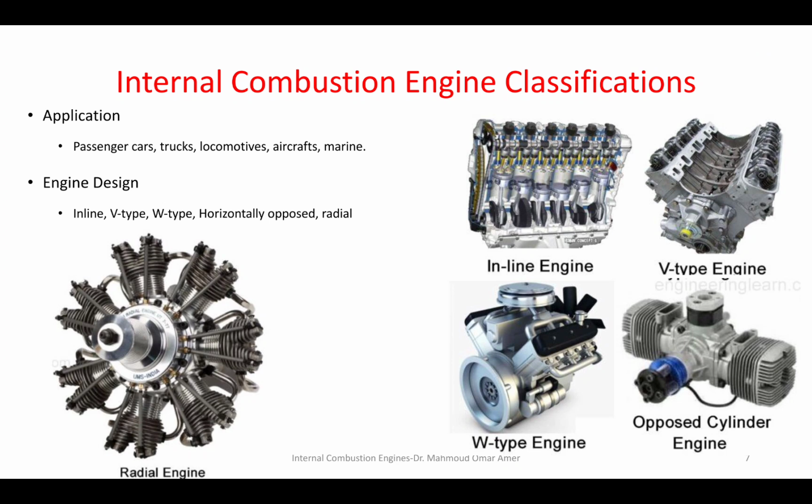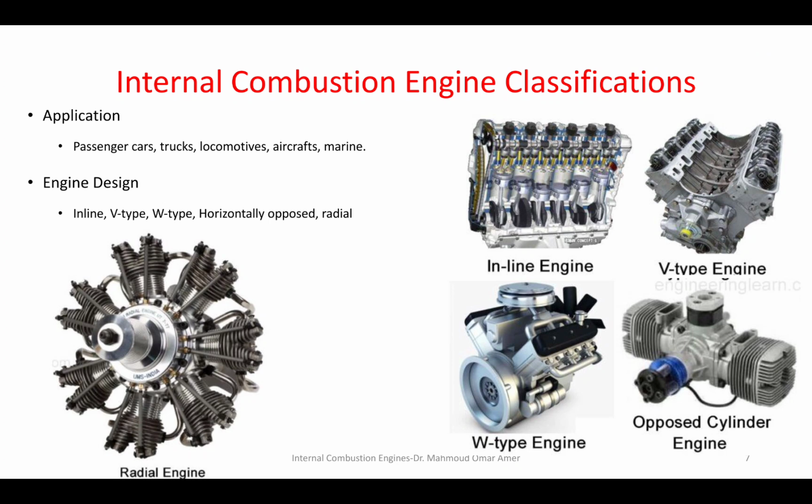So what is the heaviest part in the vehicle? The engine. So what if we put the engine in the middle of the car and as low as possible? It will make the car stable. But if we put an inline or a V engine or a W engine at the center of the vehicle, the seats will be very high and the vehicle won't be stable.